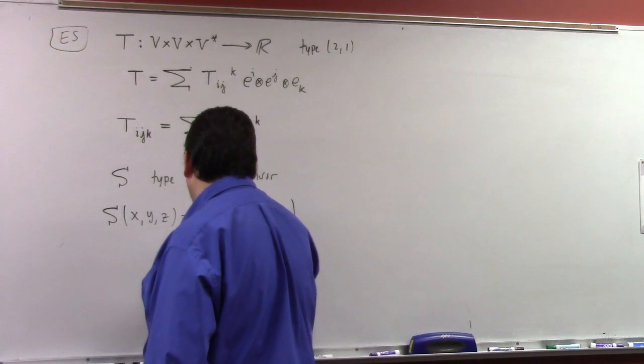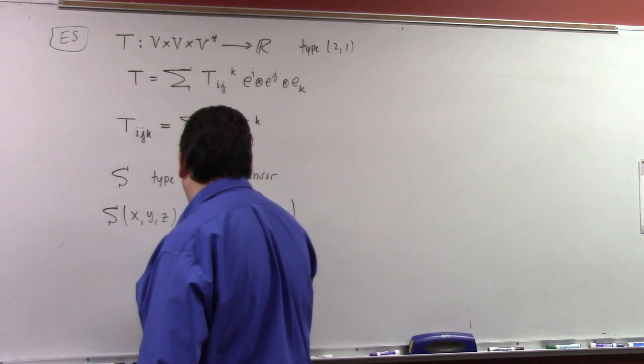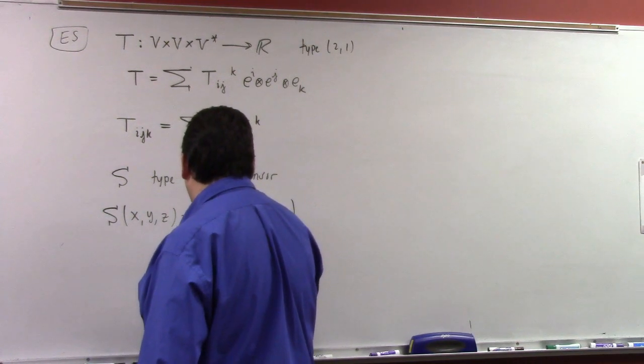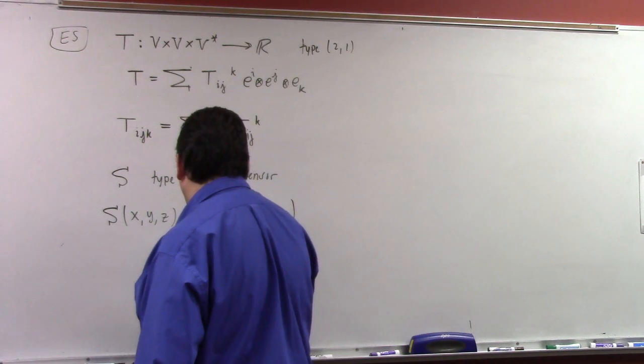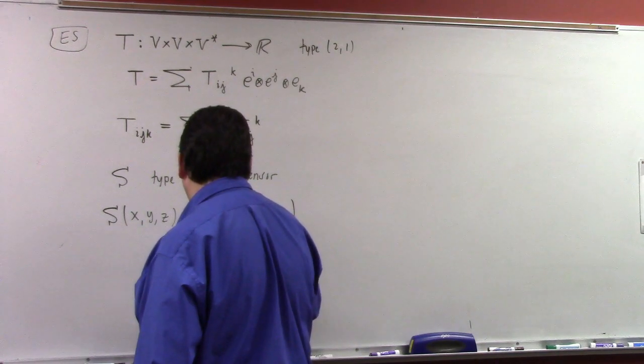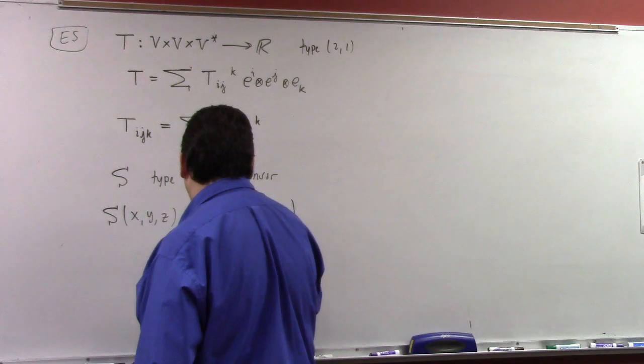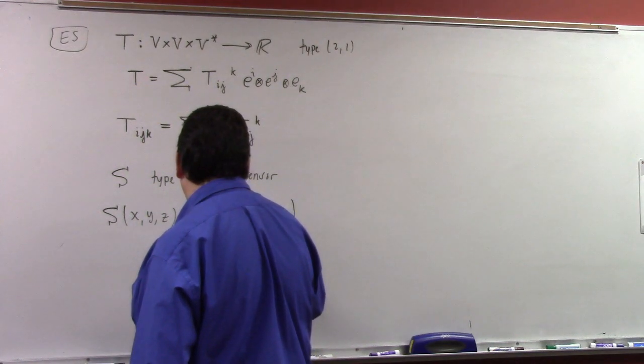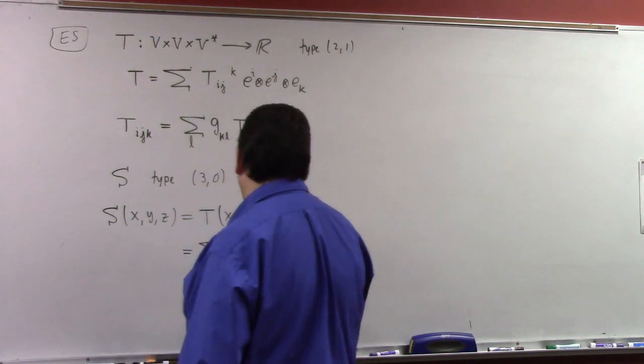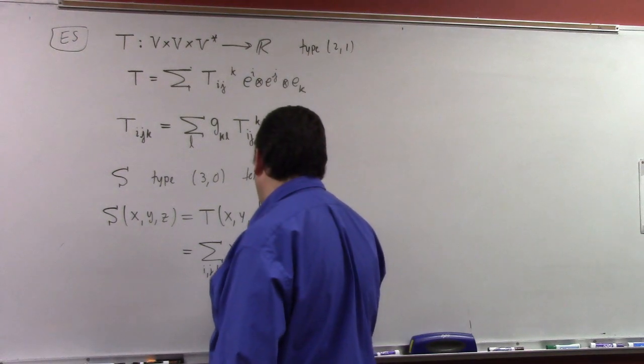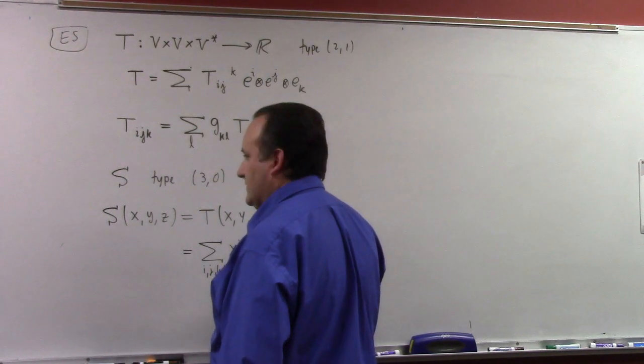And well, okay, anyway, so that would be the sum over i, j, k, l of x^i, y^j. And let's see here.